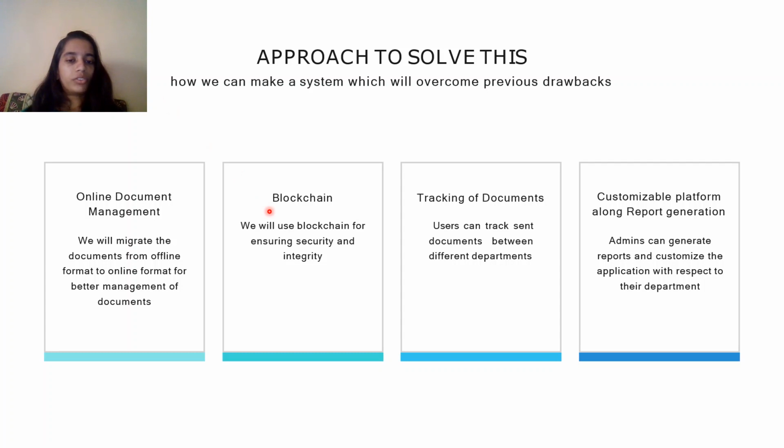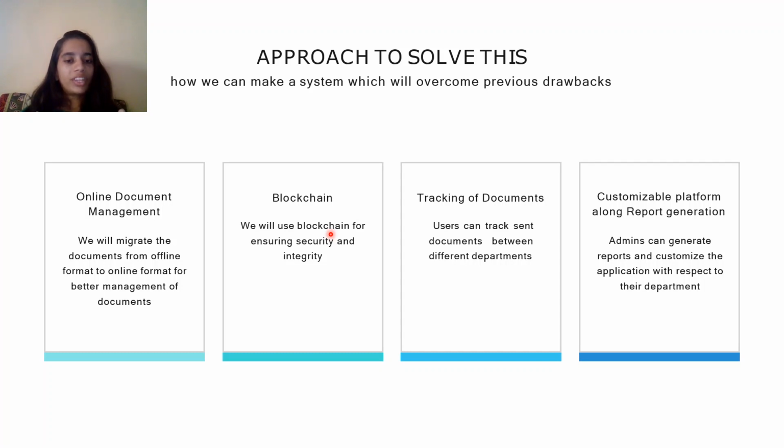How we are going to do it is using blockchain technology. Our major concern throughout this process was that we need to ensure the integrity and security of the document, so we decided to use blockchain technology. What is blockchain technology? It's basically a peer-to-peer network which is distributed and decentralized.